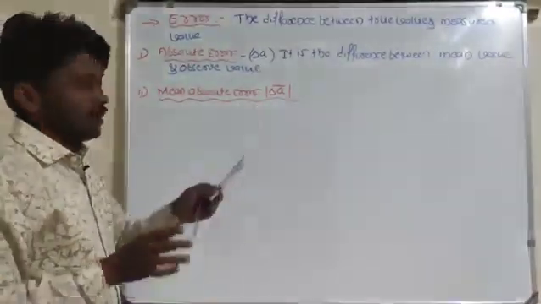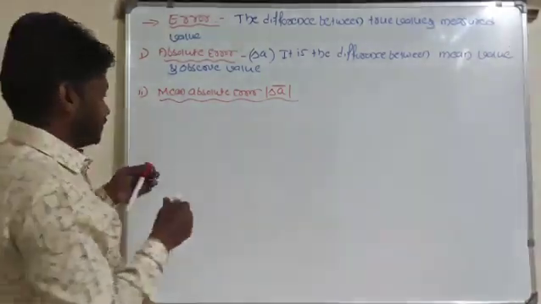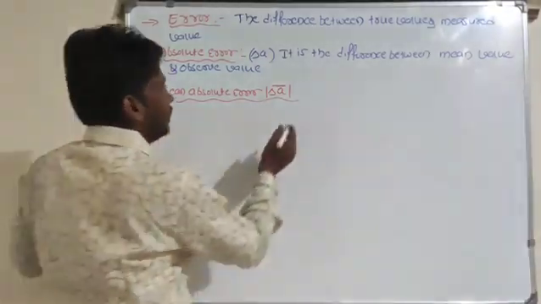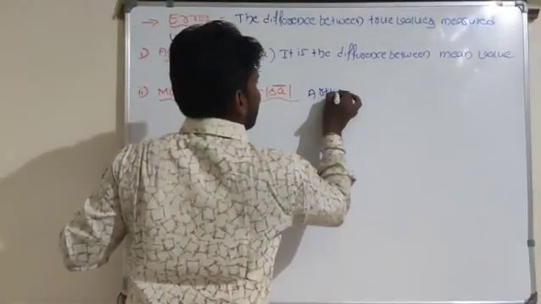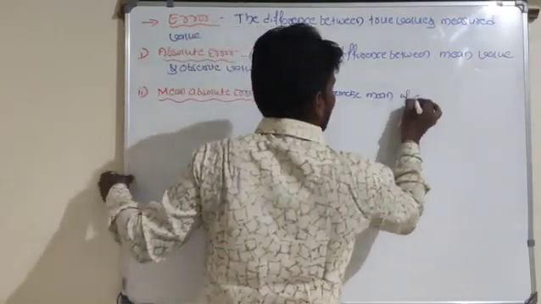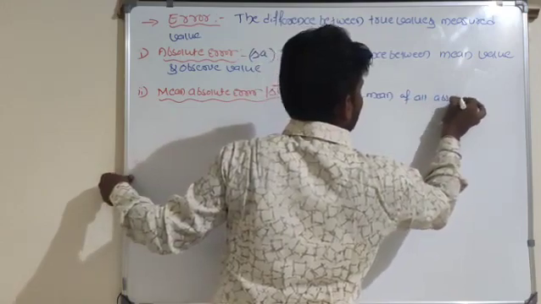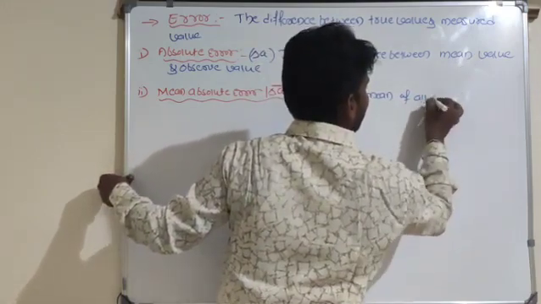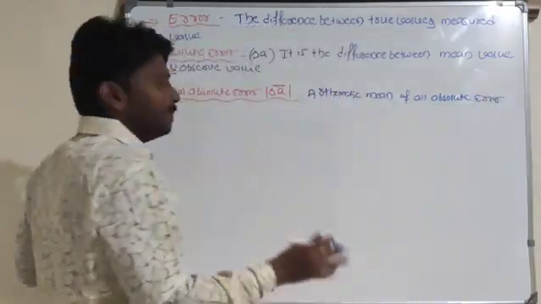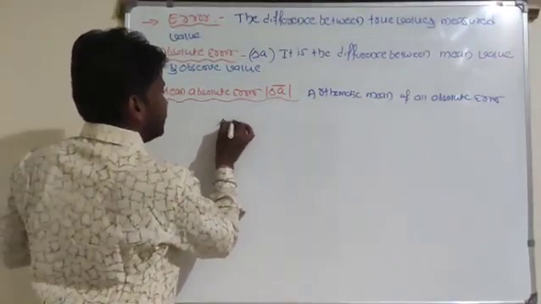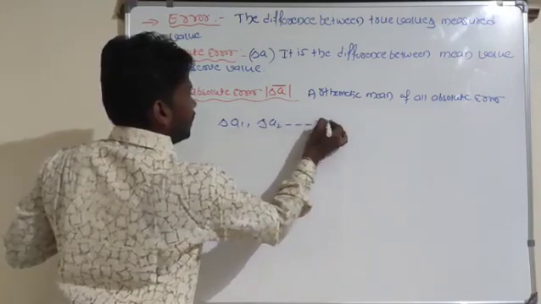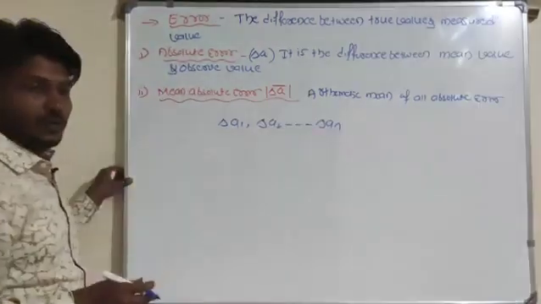Modulus means I can take only the positive value here. What is the mean absolute error here? It is the arithmetic mean of all absolute errors. So we can call it mean absolute error. Delta of A1, delta of A2, and so on up to delta of AN are the absolute errors.